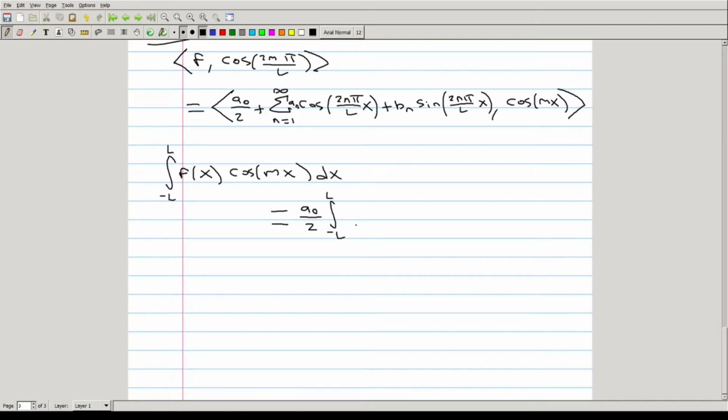If L is 2 pi, things simplify a lot, because you just get cosine of mx. But I like doing this in general for a general period because this is how we're going to be using it in applications.